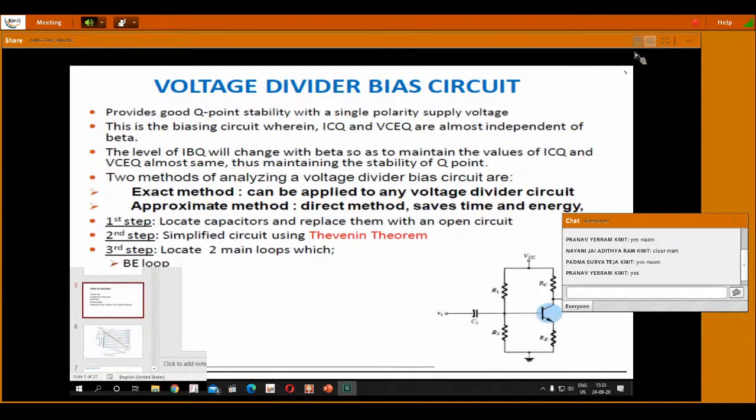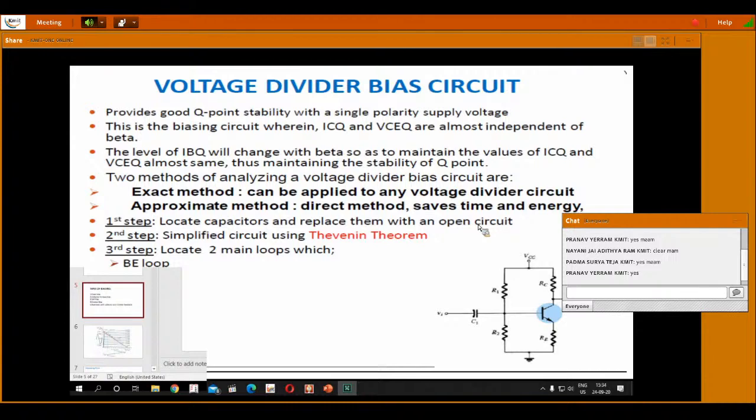The amount of applied base to emitter voltage depends on the drop across R2. This voltage divider bias circuit will provide the highest stability. Quiescent values are maintained exactly midway on the DC load line.